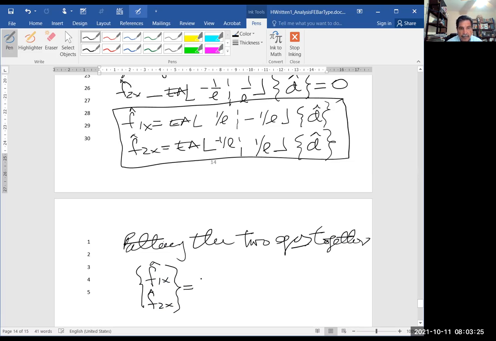And it's equal to EA divided by L. You see that L is in the denominator of every term. And then here, I have D1x, D2x. Now, from the first equation, I have 1 and minus 1. From the second equation, I have minus 1 and 1.